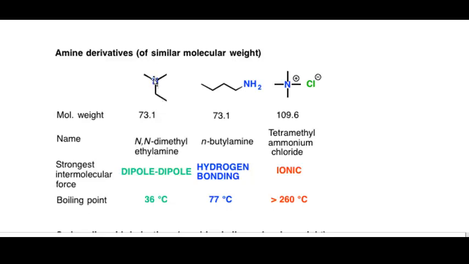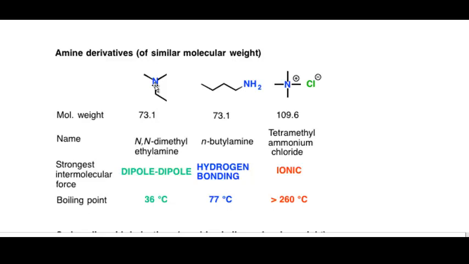So this nitrogen is electronegative, but there's no potential for a hydrogen bond. The way N-dimethylethylamine will interact with other molecules of itself is through the nitrogen.